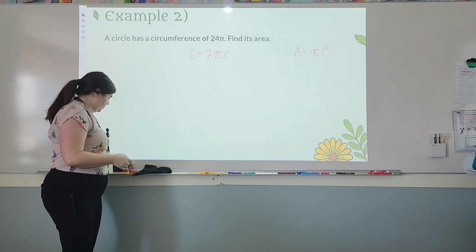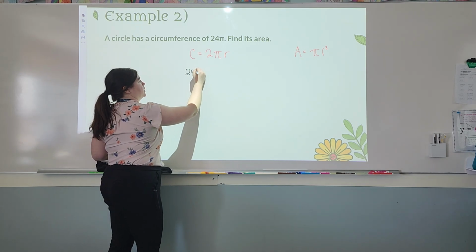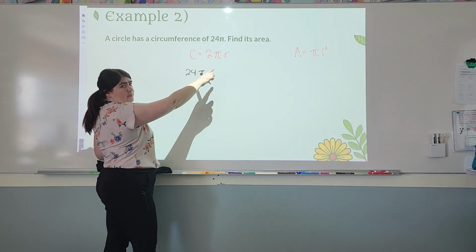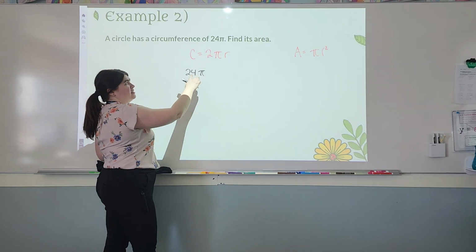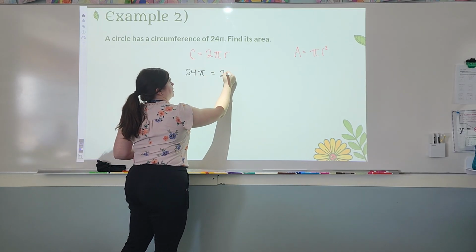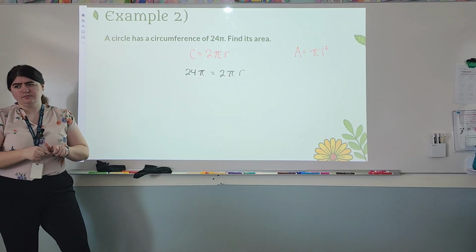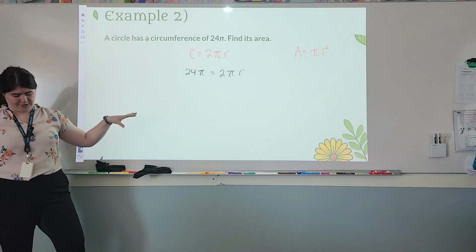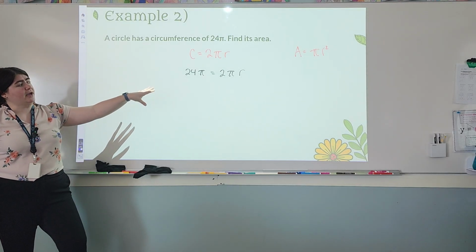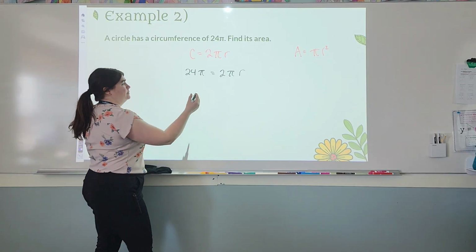So I know that I have a circumference of 24 pi. So I'm going to plug that into my circumference formula in place of c, which stands for circumference. So 24 pi is equal to 2 pi times the radius. To solve for the radius here, I am actually going to divide out 2 and pi at the same time.